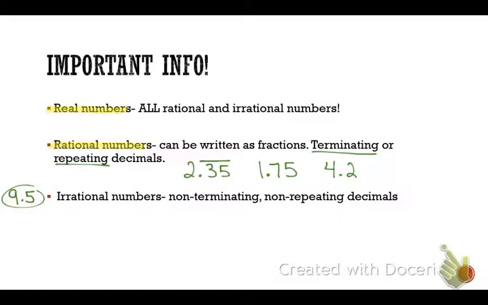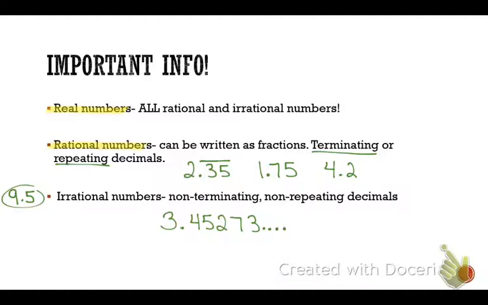Now, an example of an irrational number would be something like 3.45273 with dots after it. You can't see a pattern, there's nothing repeating, there's nothing terminating. The dots mean that the number continues. That would be an irrational number.